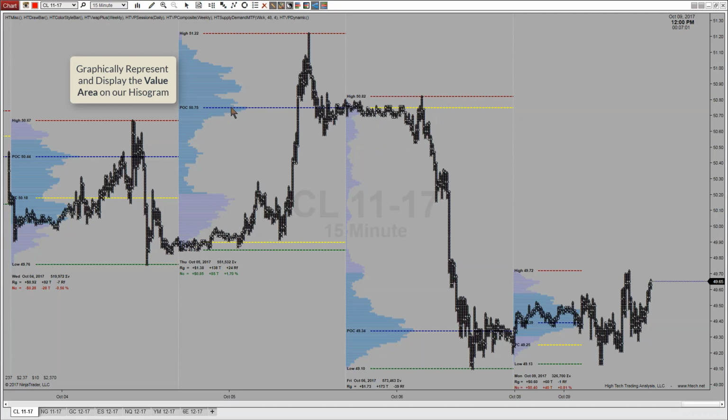from the POC and we count two price levels up and take the sum of that volume, and then we count two price levels down and take the sum of that value. The highest of the two gets counted and we start again.